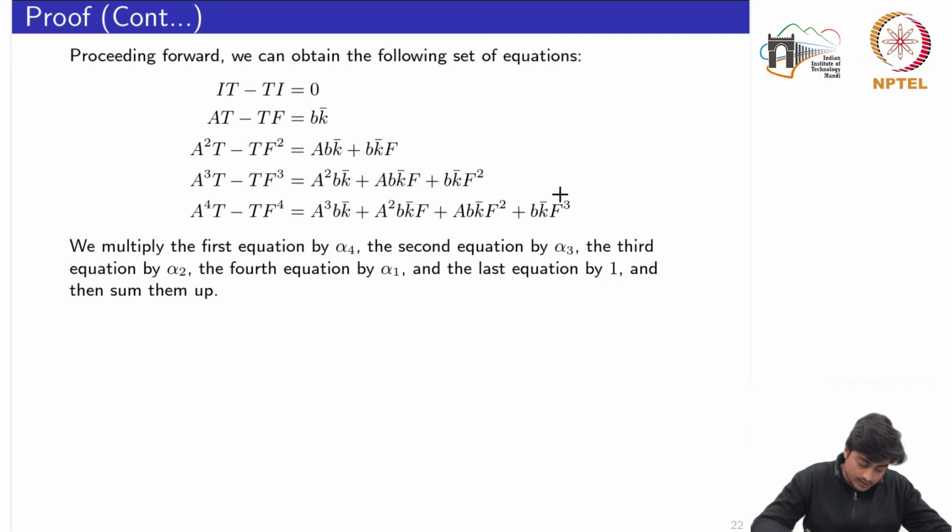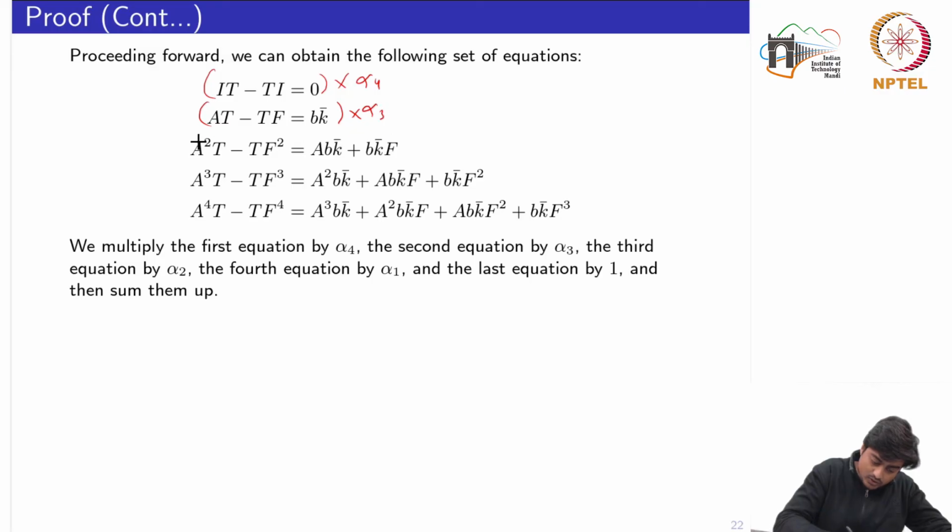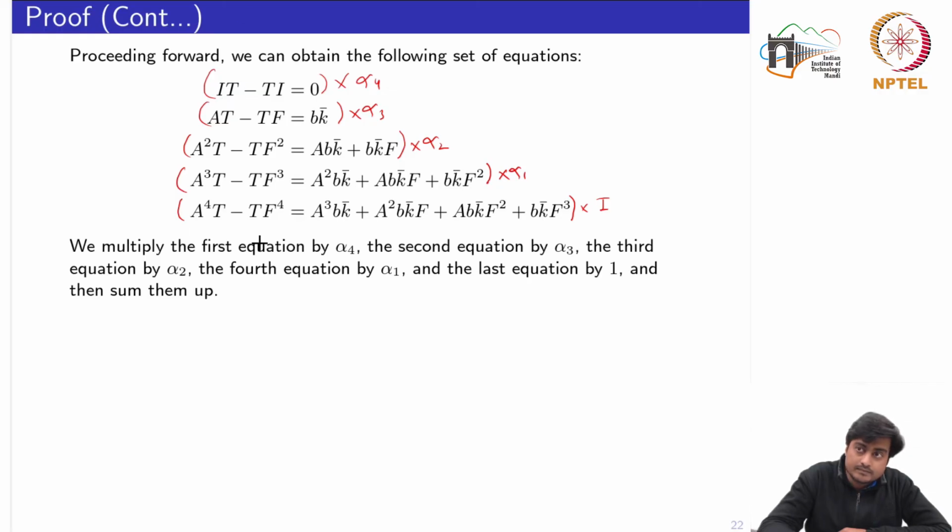Okay. Now we multiply the first equation by alpha 4. Multiply this equation by alpha 3 on both sides. This one by alpha 2. This one by alpha 1. And this remains as it is, or by 1, or by I. Okay, and we will sum them up.